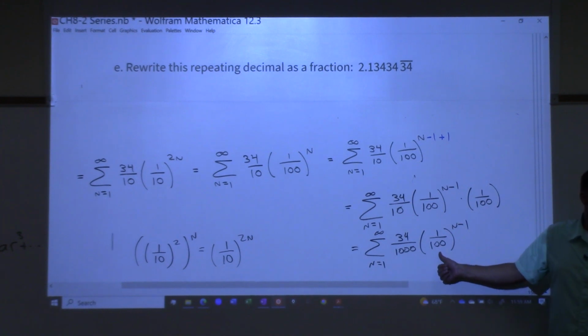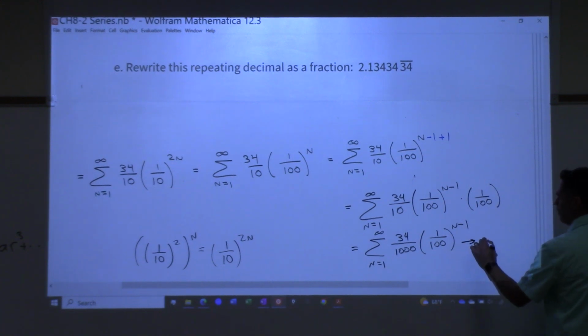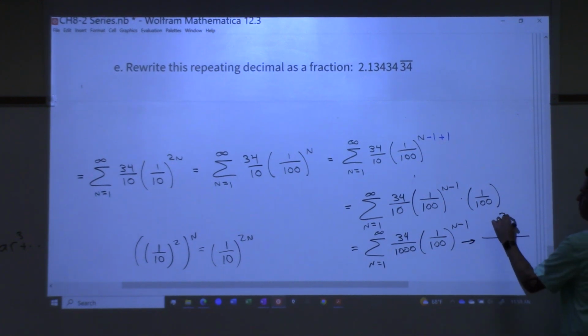Is the absolute value of r less than 1? Yes, so this should converge. So what does this converge to? A over 1 minus r, so 1 minus 1 over 100.